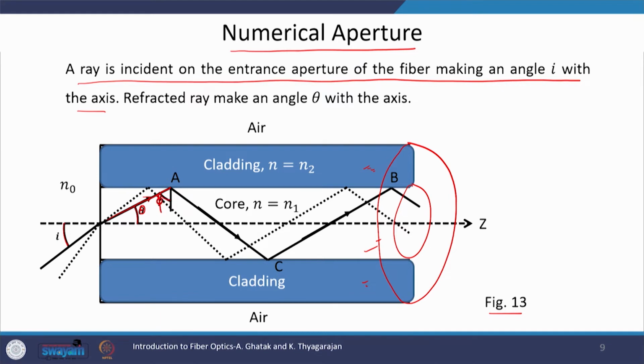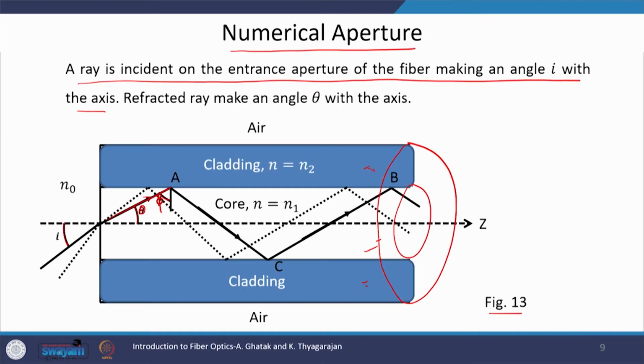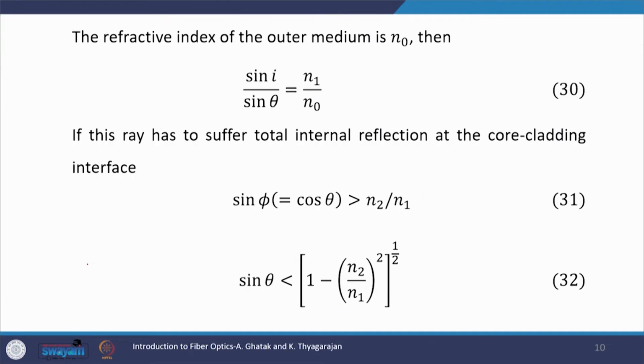With this assumption, Snell's law for the first refraction, which is happening at the interface of the outer medium and the core, can be written like this, where i is the angle of incidence at the core and outer medium interface, and theta is the angle of refraction. The refractive index of the core is n1 and that of the outer medium is n0.